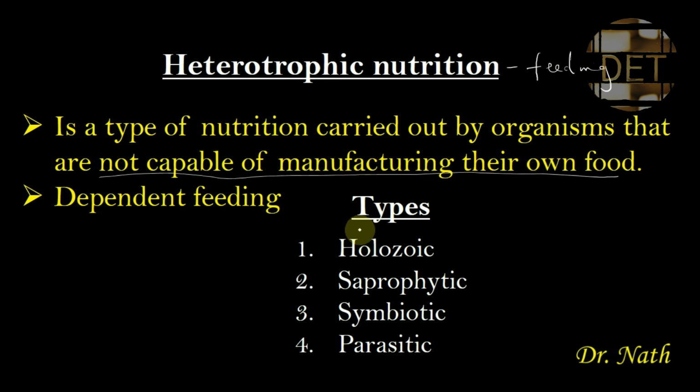And basically we have four types of this heterotrophic nutrition. They are holozoic nutrition, saprophytic nutrition, symbiotic nutrition, and the parasitic nutrition.